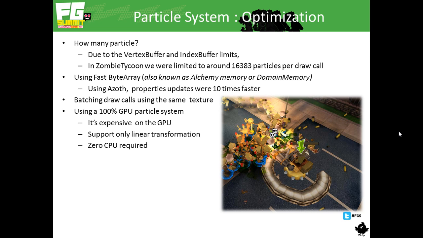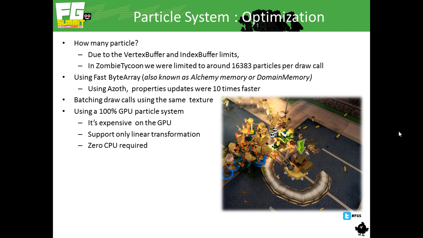Finally, we also tried to have a full GPU particle system, something that would not use the CPU at all, and it is possible to do, and we were able to do it. You have to create a system that updates the properties as a function of time.